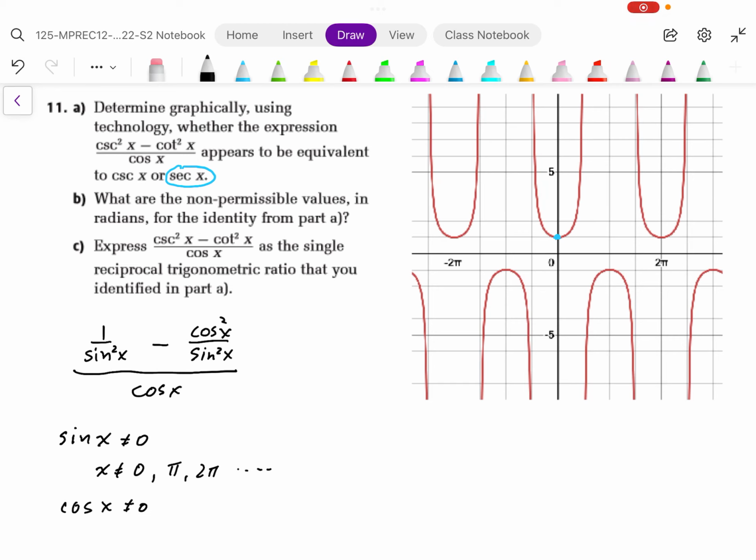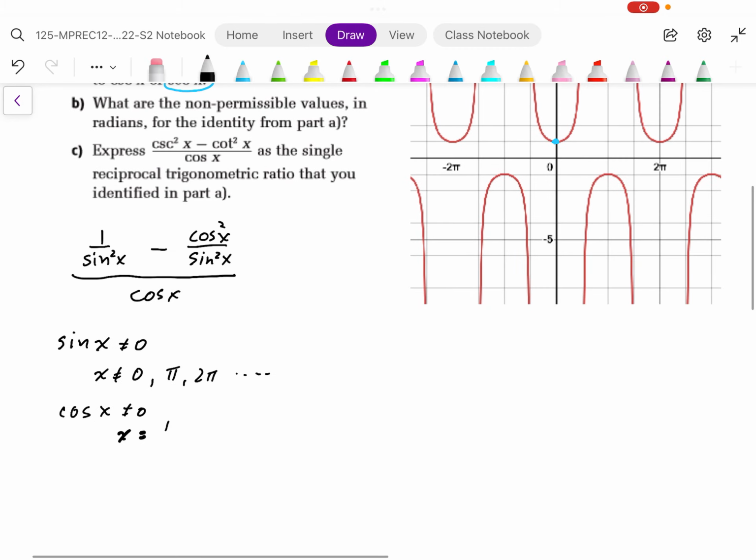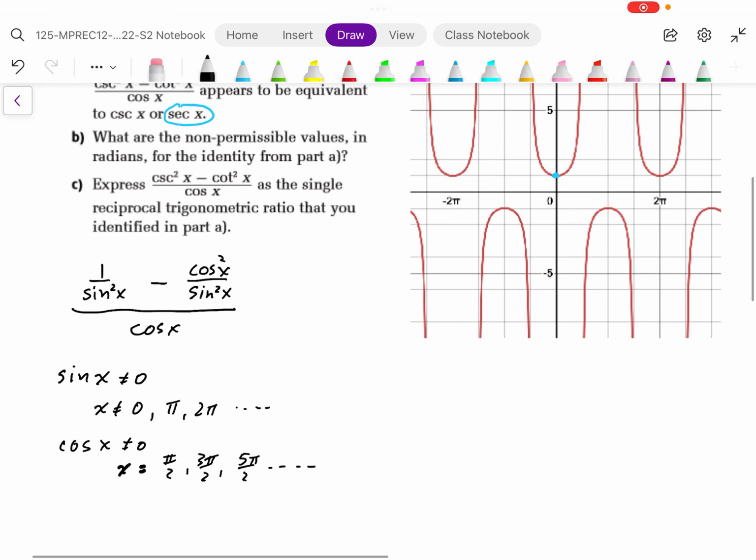So that means that x cannot be equal to pi over 2, 3 pi over 2, 5 pi over 2, etc. Okay? And that's to do with the restriction in the denominator. We can't have sine equal to 0, and we can't have cosine equal to 0.